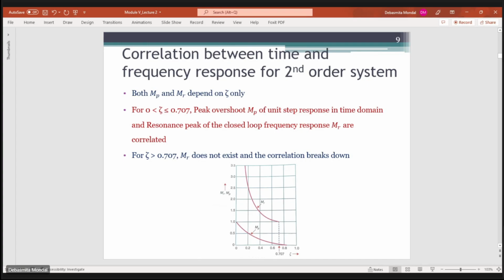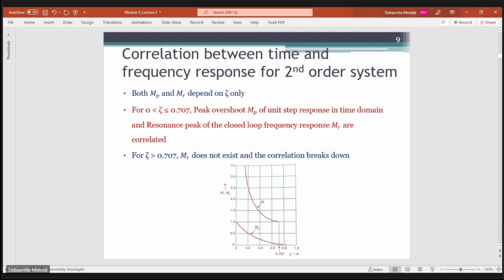Now if we want to correlate the frequency response and the time response characteristics of a second order system, we can say that MP, the peak overshoot, and the resonant peak are both dependent on the value of zeta only. For zeta less than 0.707, the peak overshoot MP of the unit step response in the time domain and the resonant peak MR of the closed loop frequency response are correlated.